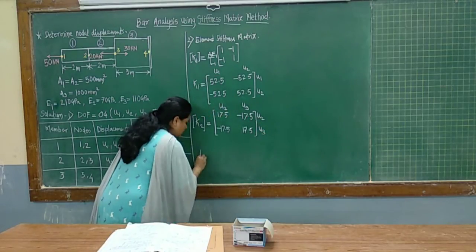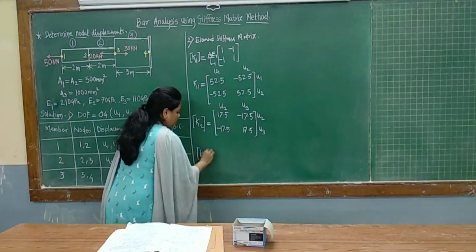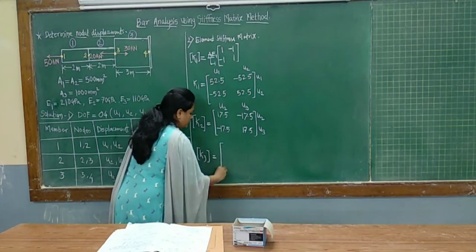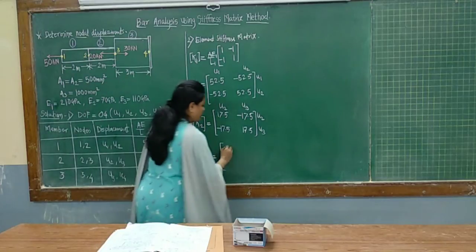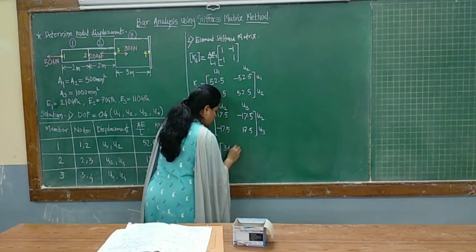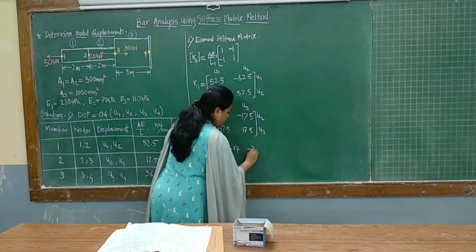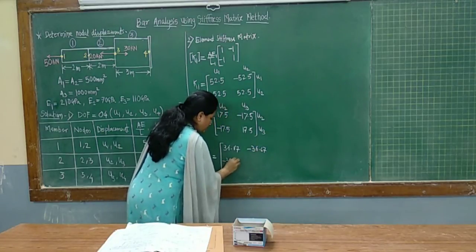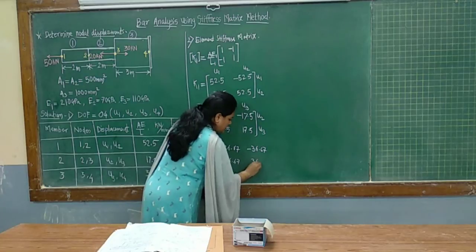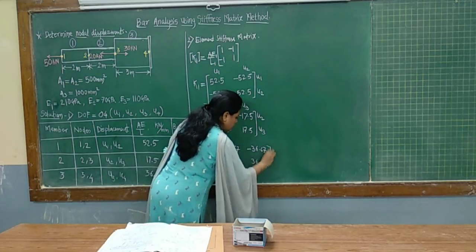And last, write down for the third element. So the element AE upon L is 36.67. Write down here 36.67, minus 36.67, minus 36.67 and plus 36.67.